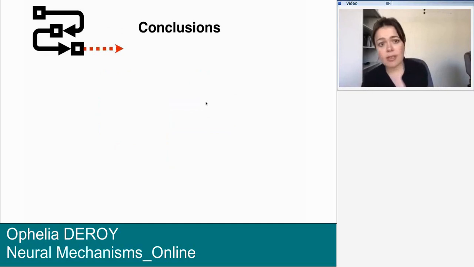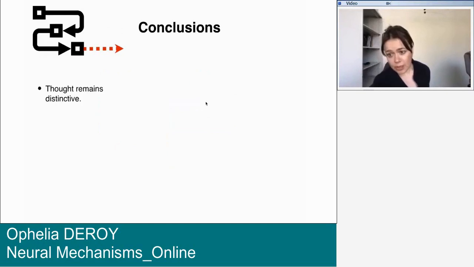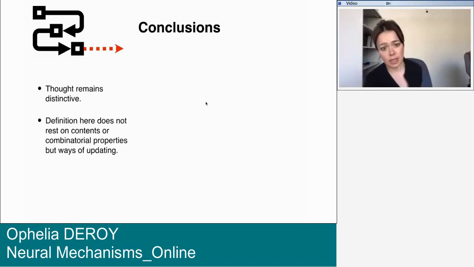So, general conclusion this time: what I hope I've shown in the first part, on this Good Friday, is that you can accept predictive coding accounts and still hold on to the perception-cognition divide. Maybe not from the lower part, but at least certainly from the upper part, by seeing that thought remains distinctive.